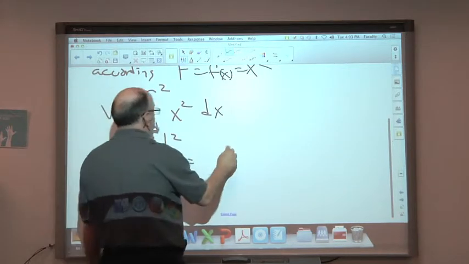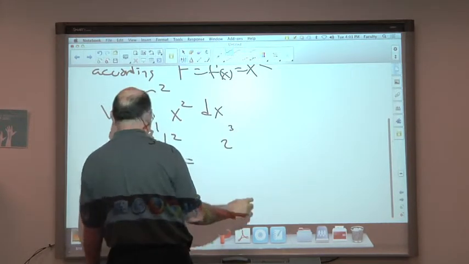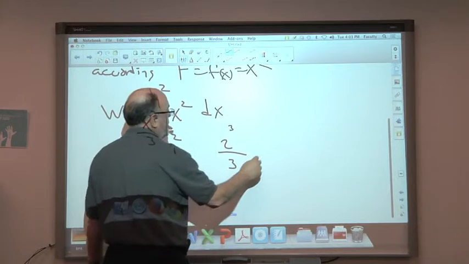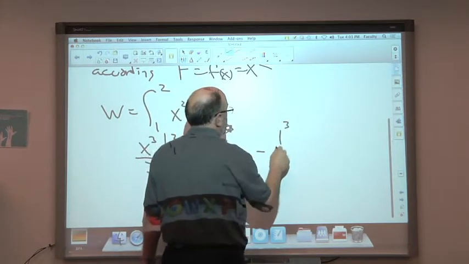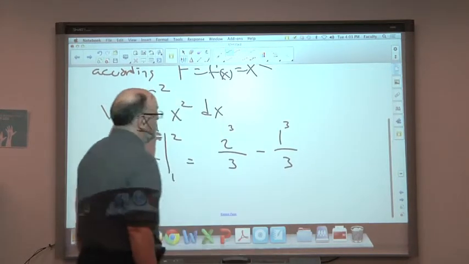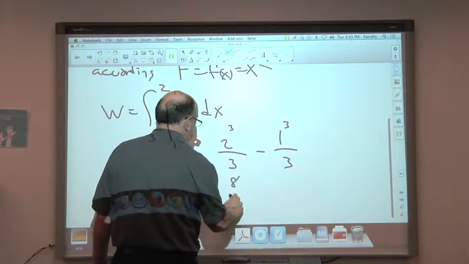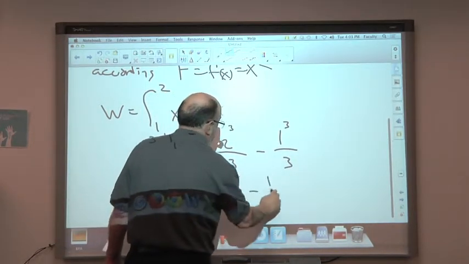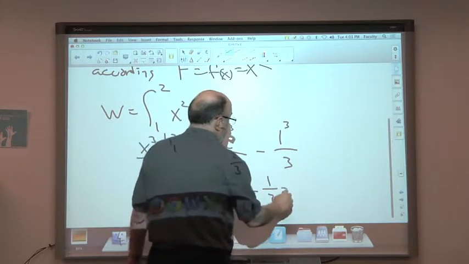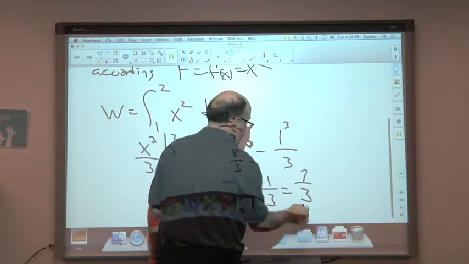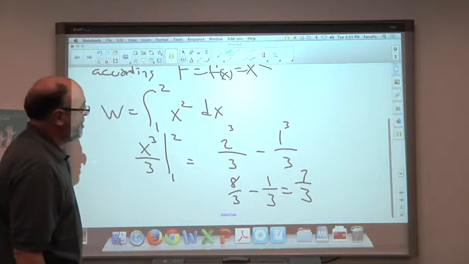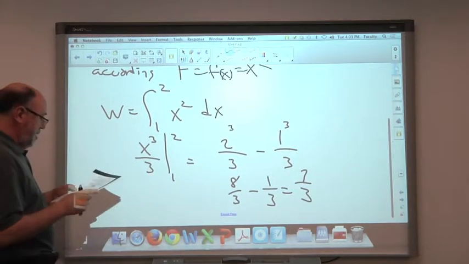So this comes out to be 2 cubed over 3 minus 1 cubed over 3. 2 cubed is 8, so this is 8/3 minus 1/3, and we end up with 7/3 for our answer. Okay?